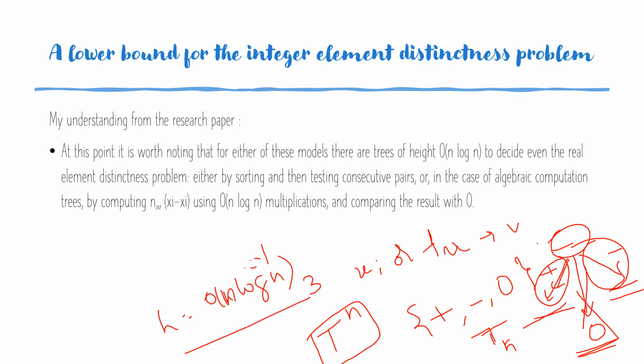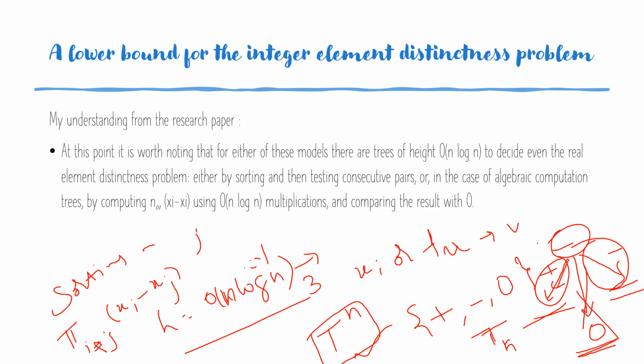So for this element distinctness problem, they are defining two methods for this particular tree T of n. They are either sorting and comparing the adjacent elements just like before, or they are doing a different type of computation, the product over i not equal to j of xi minus xj.